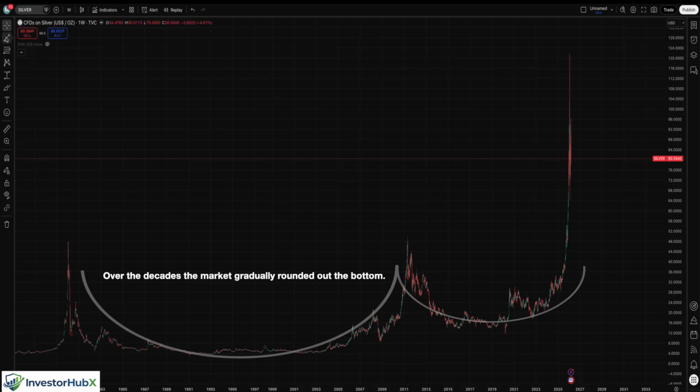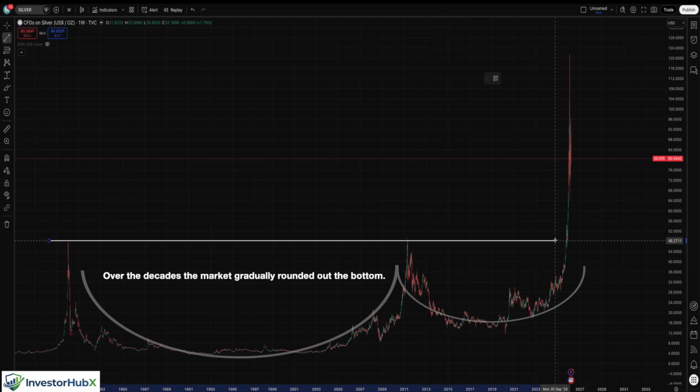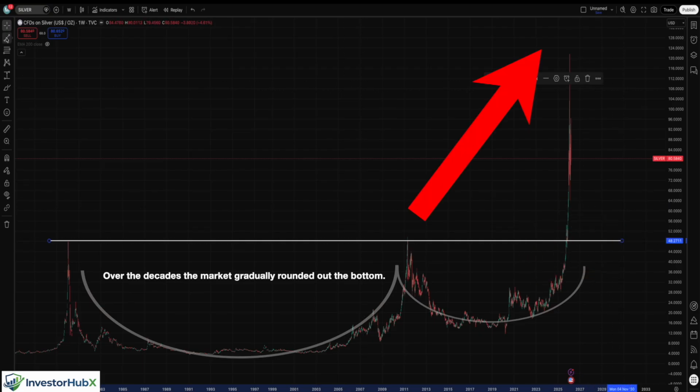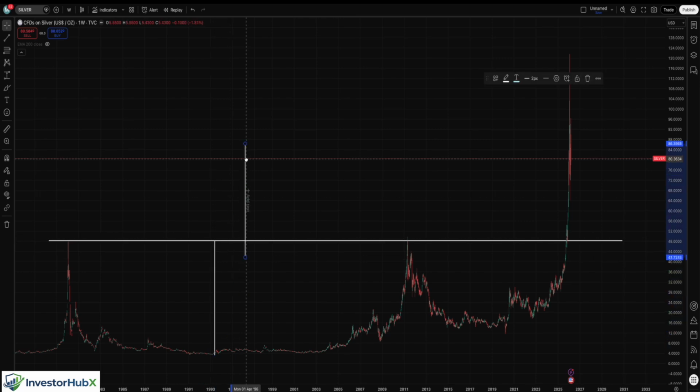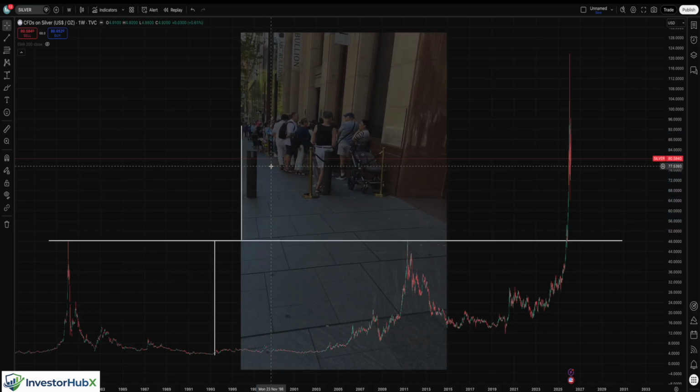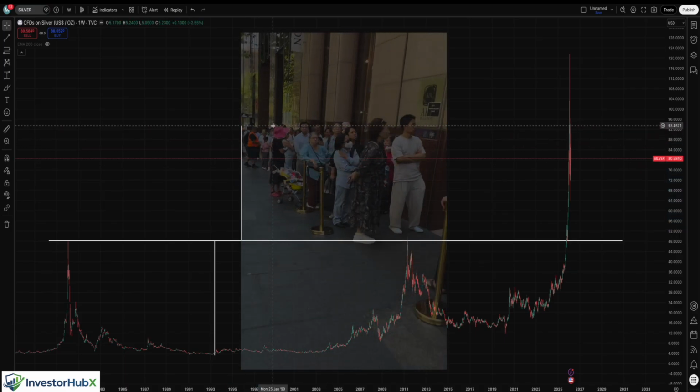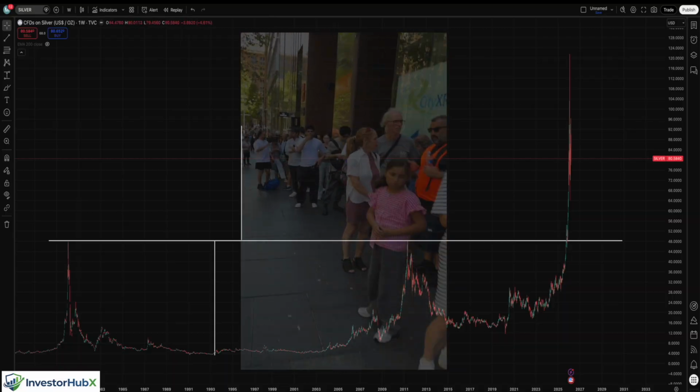The current consolidation may represent the handle of this enormous pattern. If silver eventually breaks above the neckline, it could trigger one of the largest cup and handle breakouts ever seen in the precious metals market. This example shows that chart patterns can exist not only on short time frames, but also on multi-decade charts. Sometimes the biggest opportunities in the market come from patterns that take years or even decades to develop.